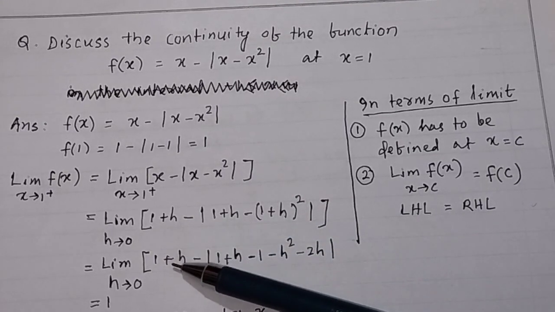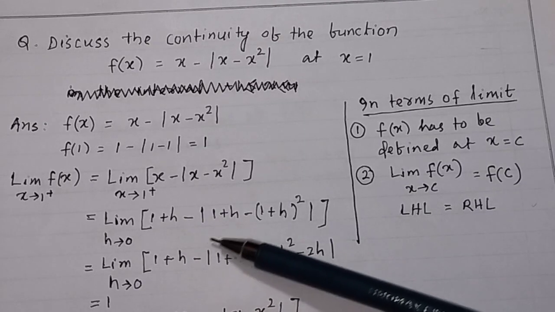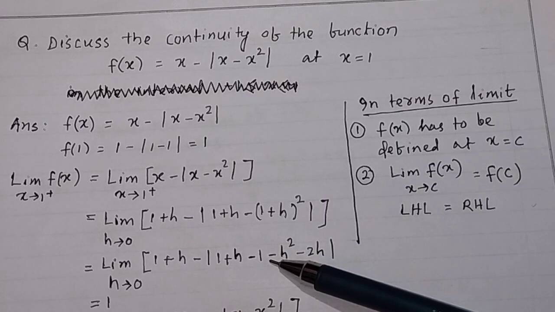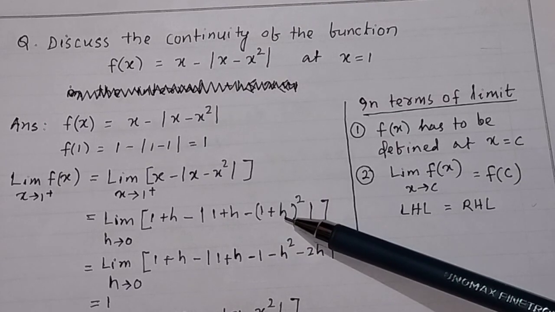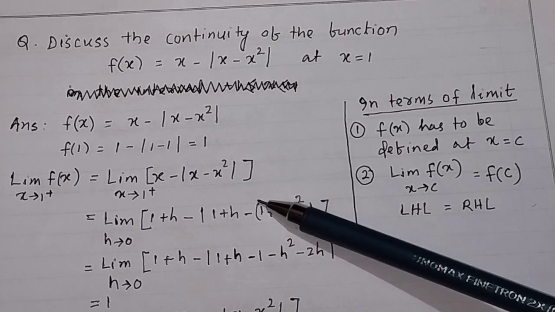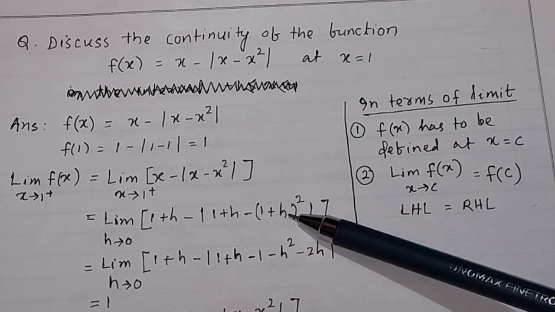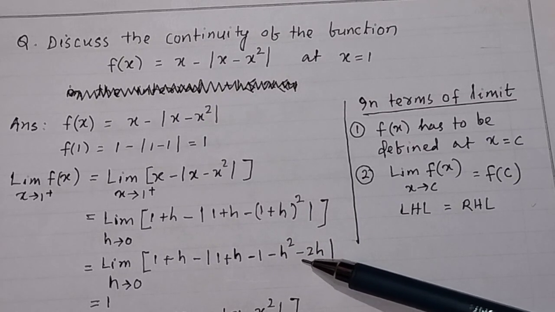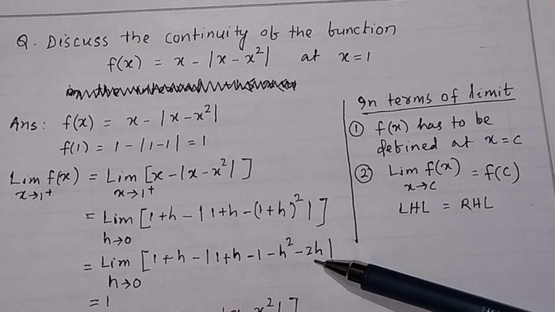Then this step will be equal to 1 + h, and (1 + h)² is equal to 1² + h² + 2h. So if you take out the bracket, this will be equal to minus h² and minus 2h.